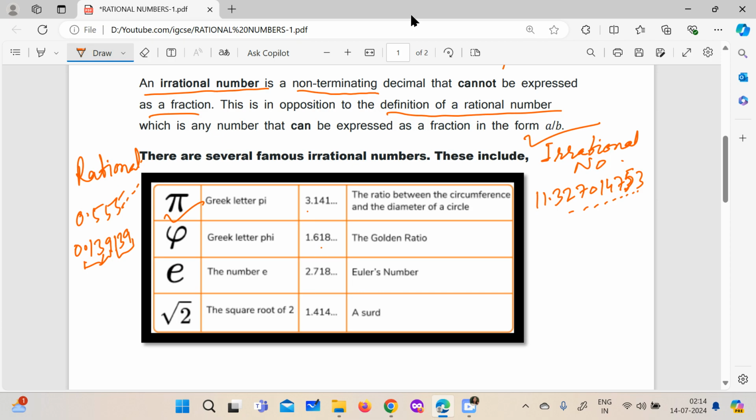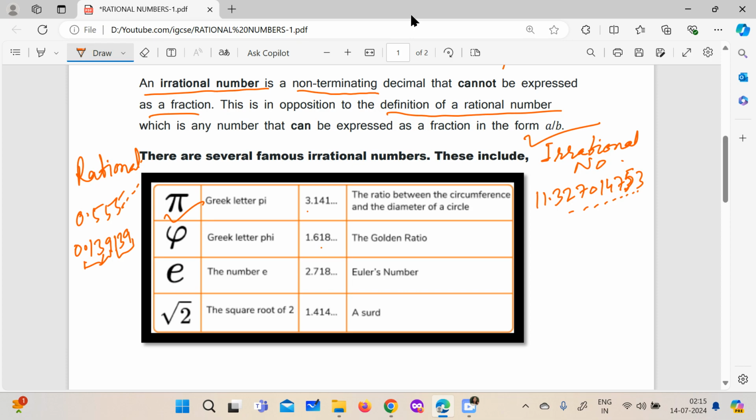And then you have e, that is 2.718, Euler's number. Here also you won't find any fixed pattern, and this is also recurring, meaning non-terminating. Now when you look at square root of 2, again we don't have any fixed decimal for this, it is 1.414 and that keeps on going. So I hope this is understood.